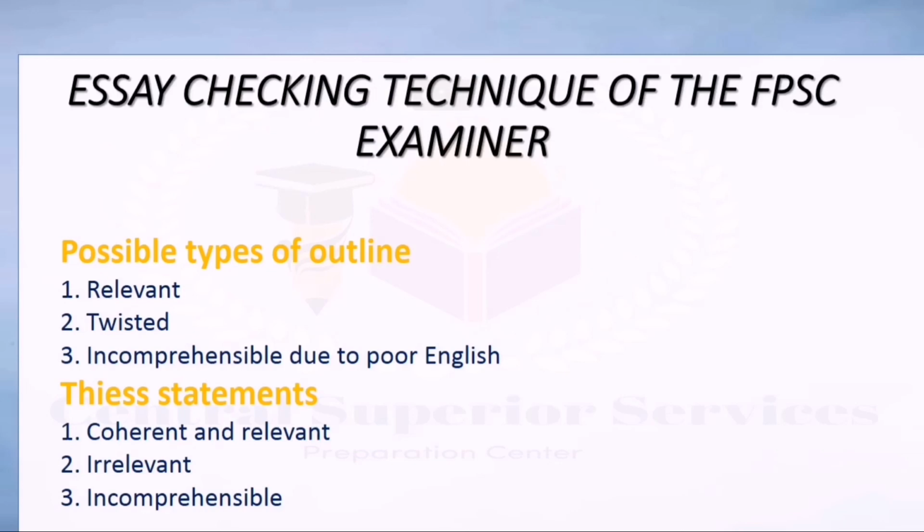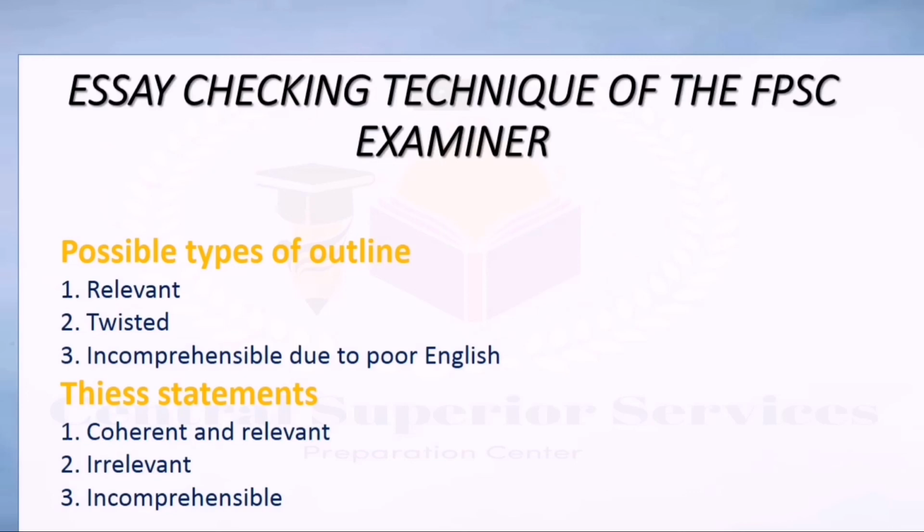There are three possible types of outlines. The first one is relevant or to the point. The second one is twisted, and the third one is incomprehensible due to poor English. The last two outline types, producing varieties of candidates, are half failed in the examiner's mind when he reaches the end of their outlines.